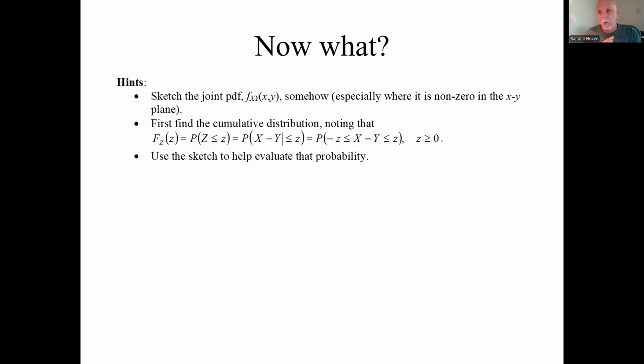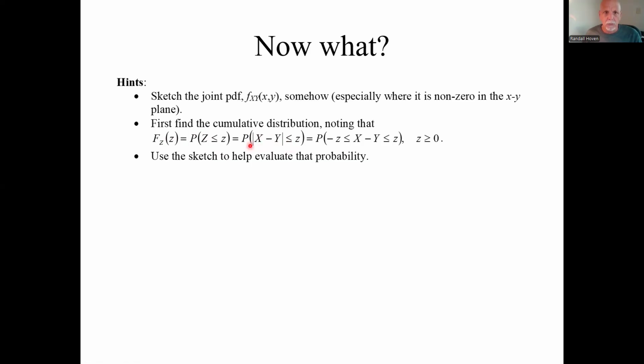So here's what I would do. What we're looking for is this cumulative distribution function of Z. We're looking for that because if we get there, all we need to do is take its derivative to find the PDF. But this, by definition, is this probability. This is the definition of what this thing means. But Z here is a function of these other two random variables, like this.